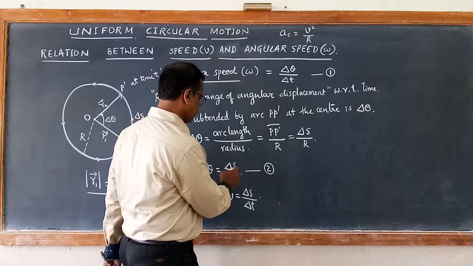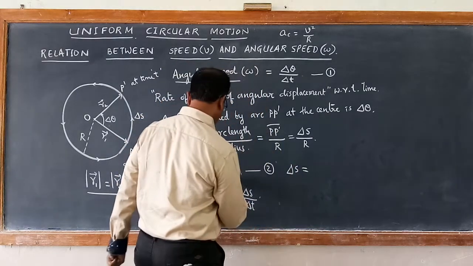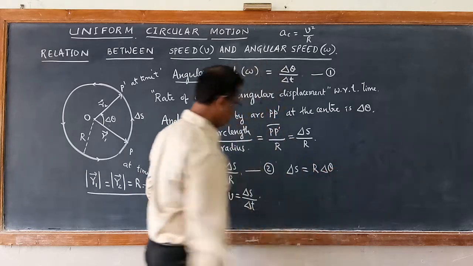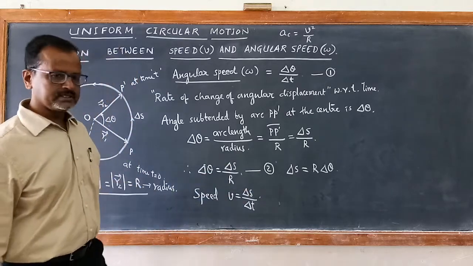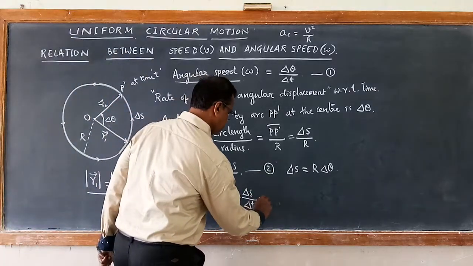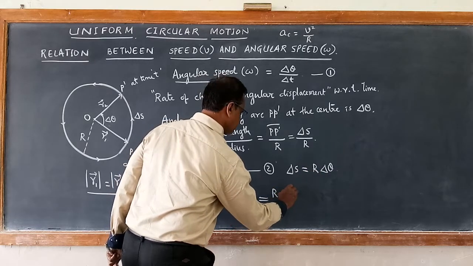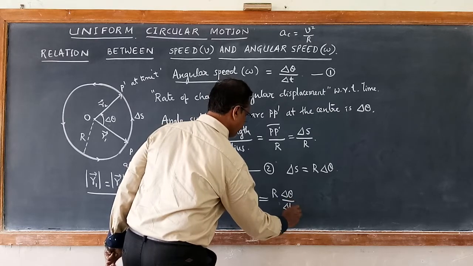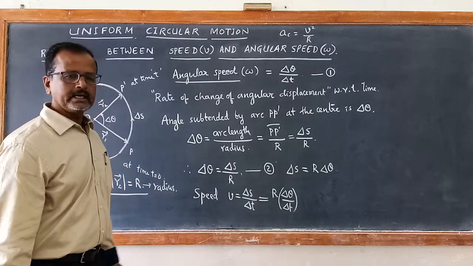Using equation 2, we can write delta s as equal to r into delta theta. Delta s is equal to r into delta theta. So substitute this here. That becomes r into delta theta by delta t.